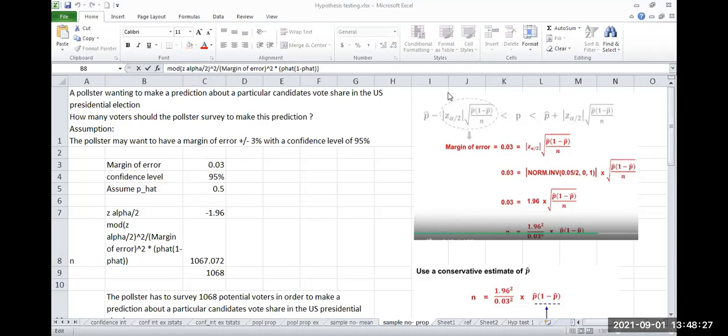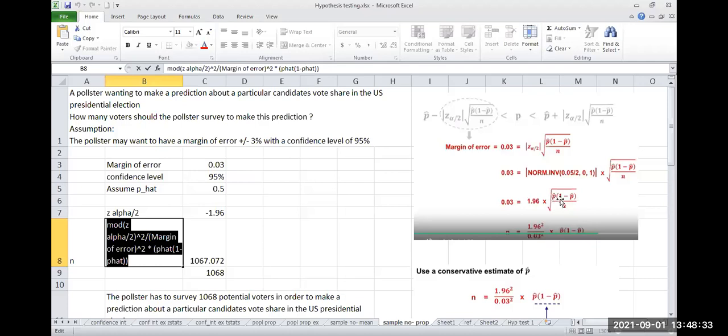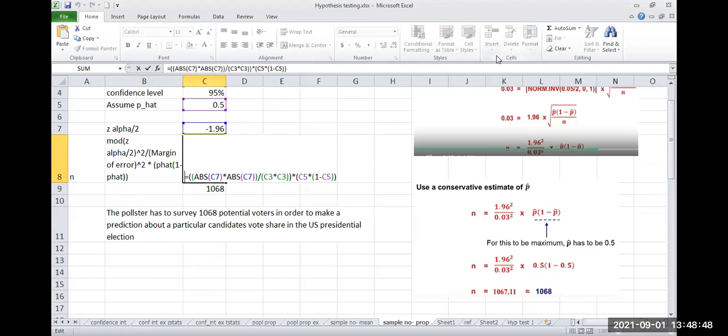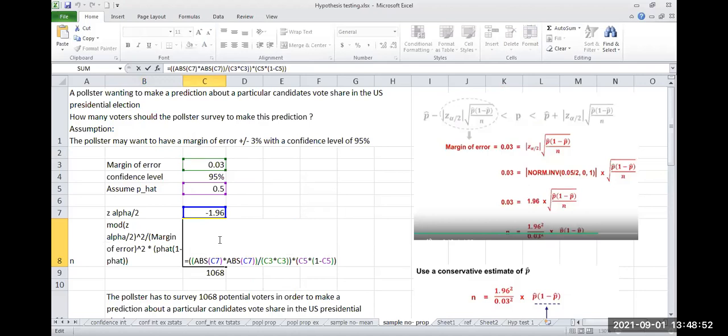Ma'am, what did you say about the assumption, please repeat. The assumption is this p hat value, the p hat value is not given in the question. If it is not given in the question, assume it as 0.5. If you see over here, 0.5, it has to be assumed as 0.5. Keeping that, the formula which I just pasted in the chat window, in that formula you have to select all the values here.